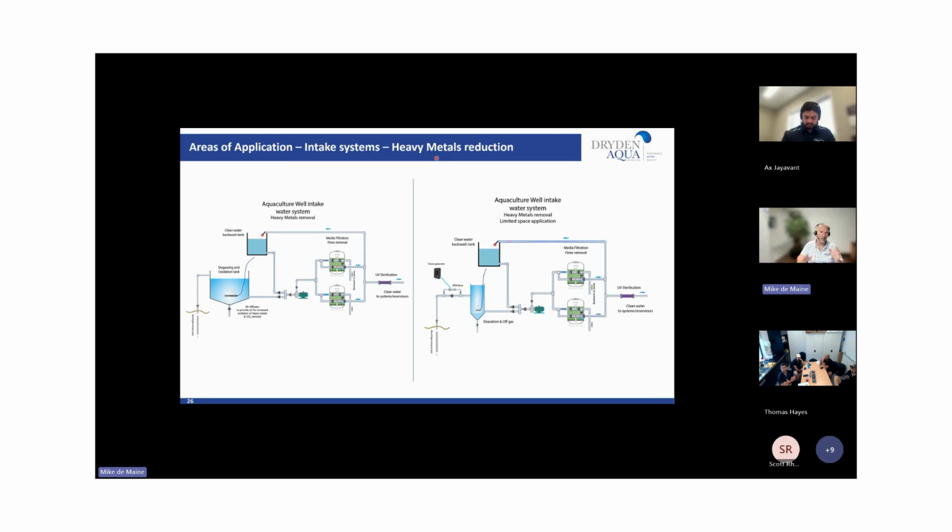What tends to happen is, because their lateral designs are very poor, it won't create bed expansion. It creates boiling directly above your laterals, and that does not clean the full bed of the filter. That means you only clean above your laterals.